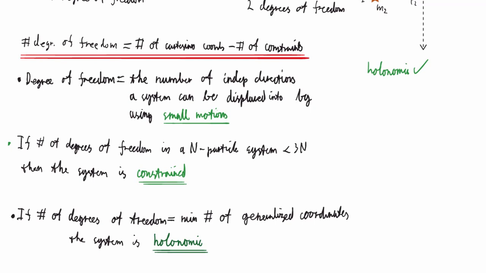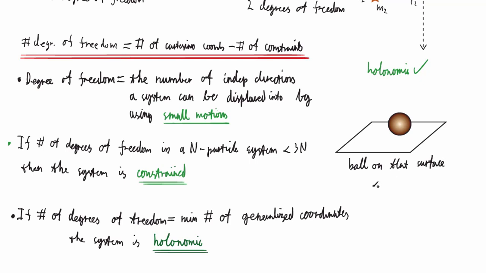Now let's consider a different case here. This is supposed to be a ball rolling on a flat surface. Now, this system is not holonomic.